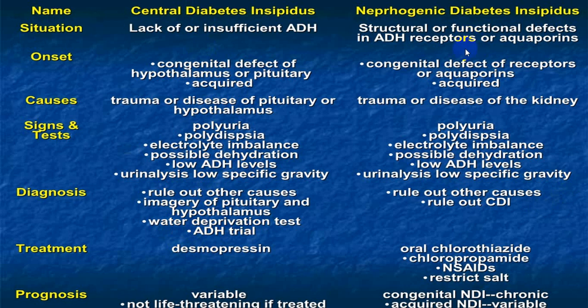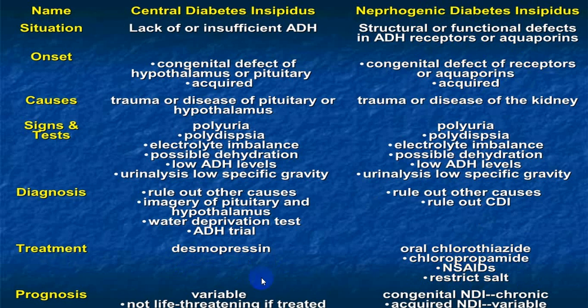While in this case, you have to rule out central diabetes insipidus, and then you can think in terms of the nephrogenic variety. Treatment for central diabetes insipidus is replacement therapy, which we call desmopressin. While here, you give a drug which will increase the sensitivity of the distal convoluted tubule, like oral chlorothiazide, chlorpropamide, non-steroidal anti-inflammatory drugs, and restrict salts, etc. These will give you a little benefit.